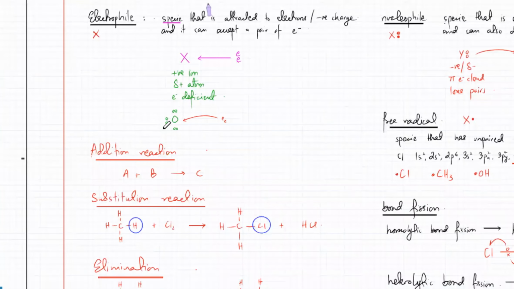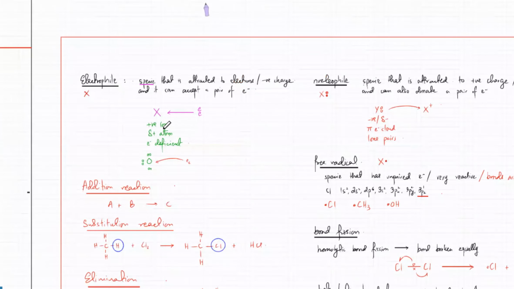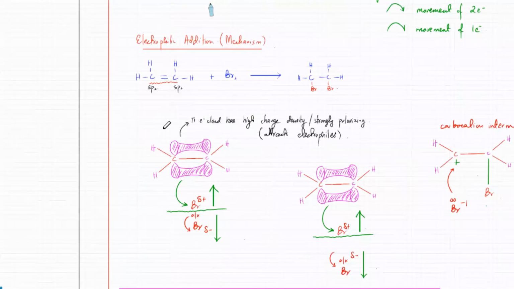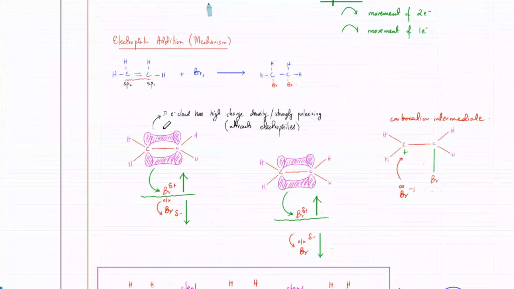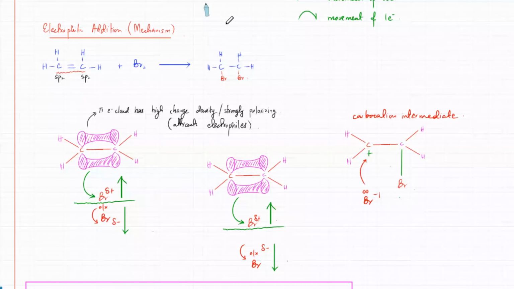And we talked about, I've written down all the other stuff as well. We weren't discussing nucleophiles at the moment, but we did this mechanism, which was that all these addition reactions of alkenes had this mechanism: alkenes have a pi electron cloud, and the bromine molecule, which is initially non-polar, is going to get polarized.